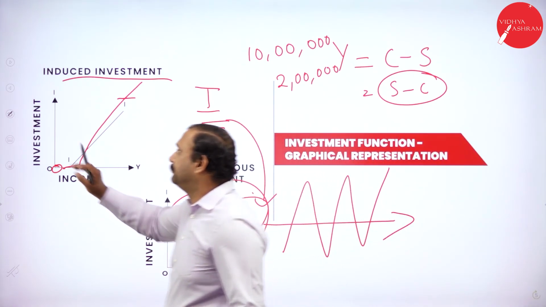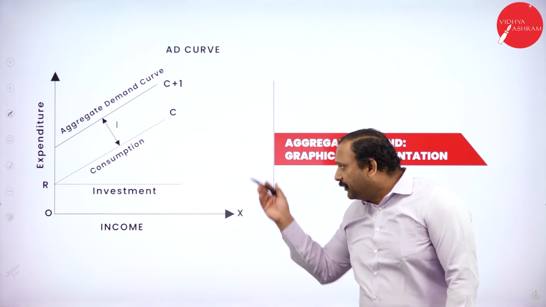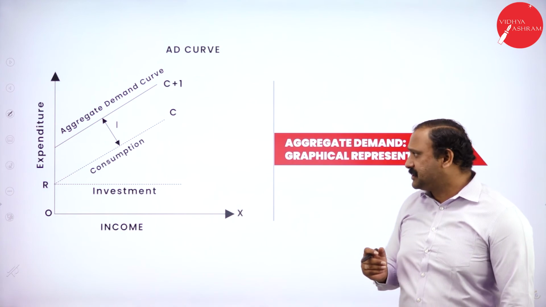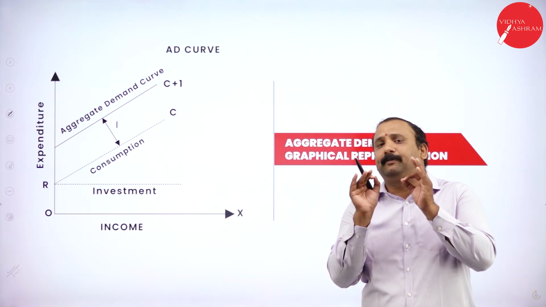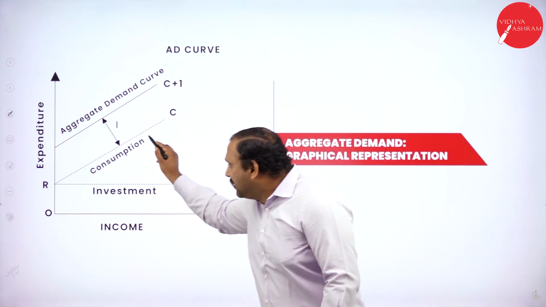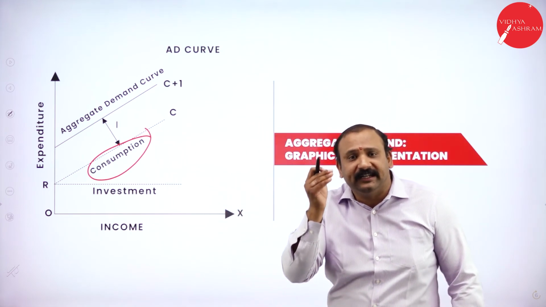Now moving forward, aggregate demand in graphical representation. Now if you look here, what is aggregate demand, consumption and investment? Let us try to understand each one of these concepts clearly before going into the graph. Consumption means what the consumer consumes after getting his income.